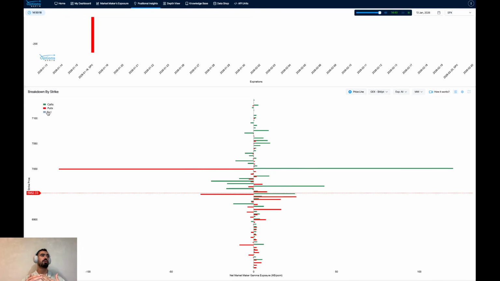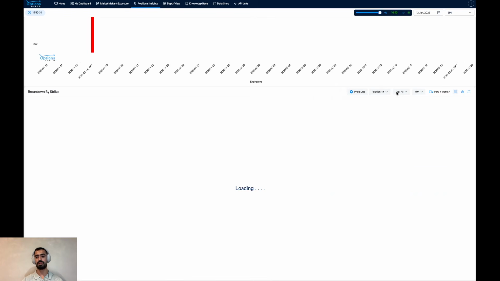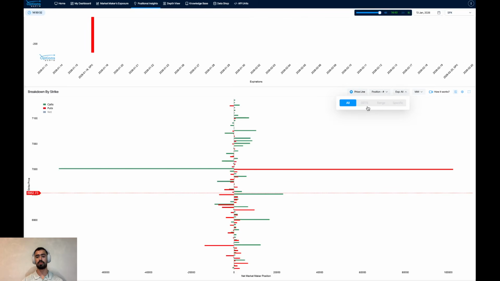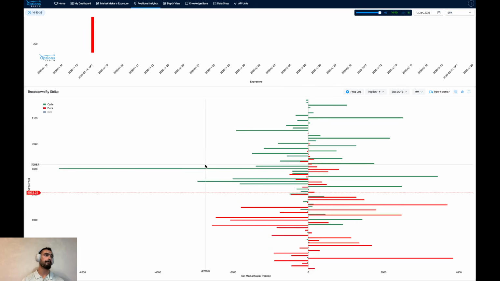Because of this dependency on time and expiration, this is a personal preference. You don't have to do it, but this is my personal take. I like to look at position, and I look at the zero DTE position. Naturally speaking, this kind of eliminates the time dependency and also the underlying price dependency.